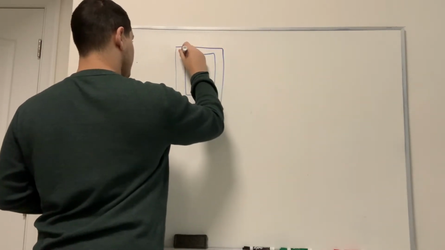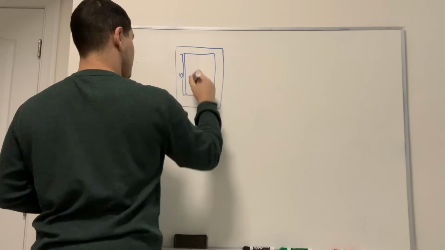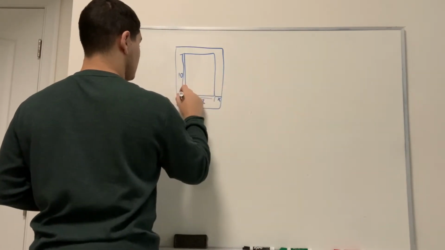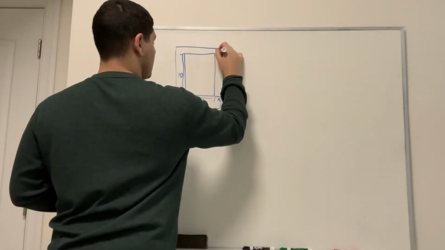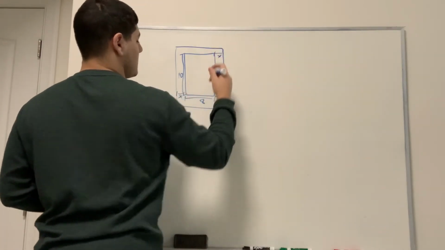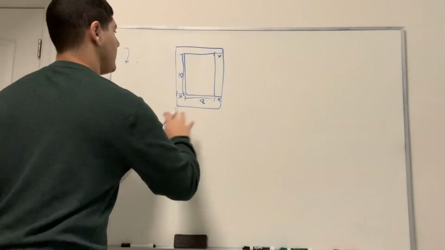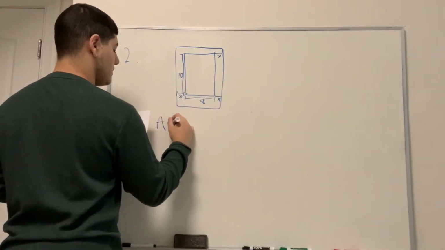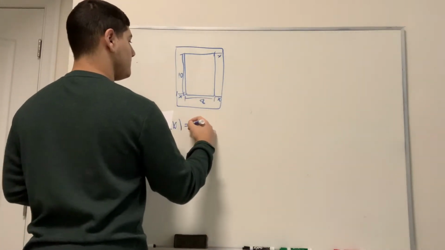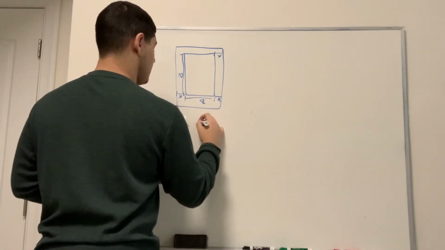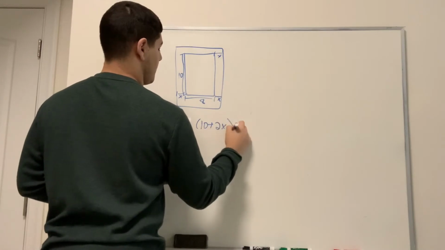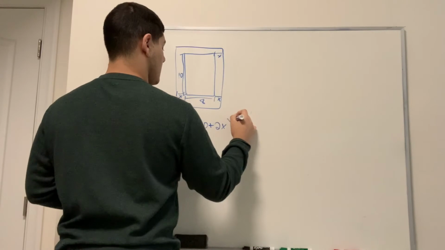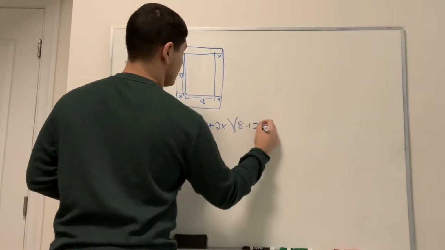You have the frame, this right here is 10, this right here is 8, and this is X. This is X. To represent the area of the frame and the picture, the area would be 10 plus 2x times 8 plus 2x, right?